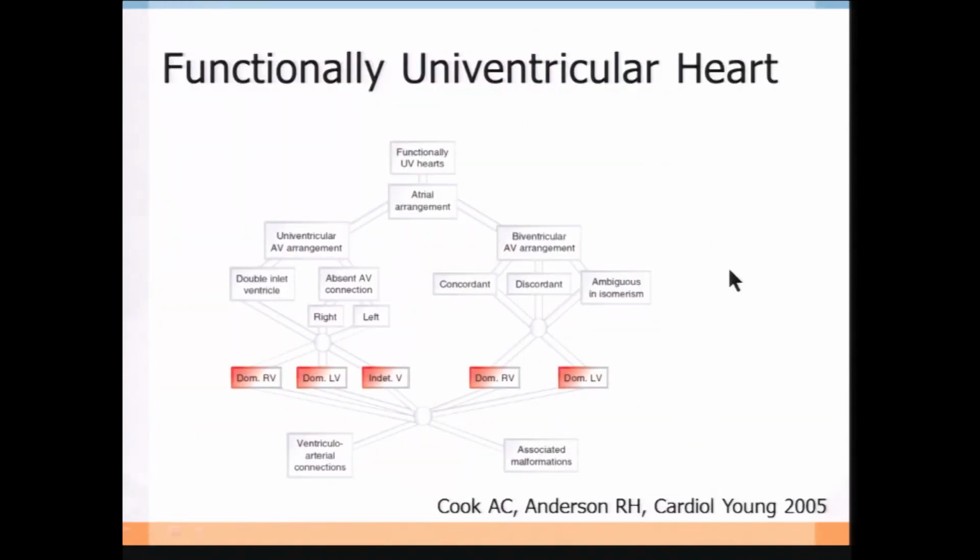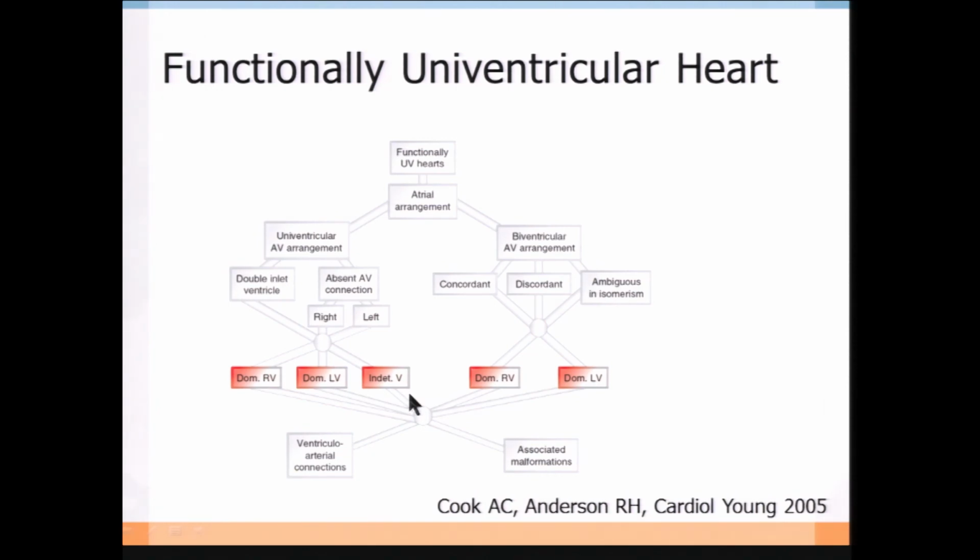So in summary, functional univentricular heart is the heart that needs single ventricle palliation, and can be univentricular AV arrangement or biventricular AV arrangement. The dominant ventricle can be RV or LV, and sometimes an intermediate ventricle.